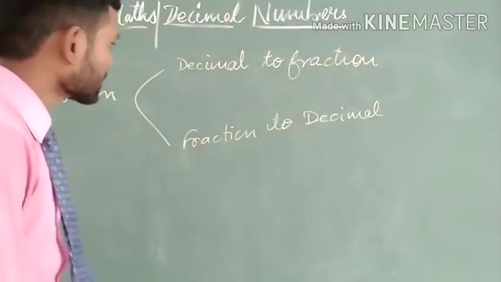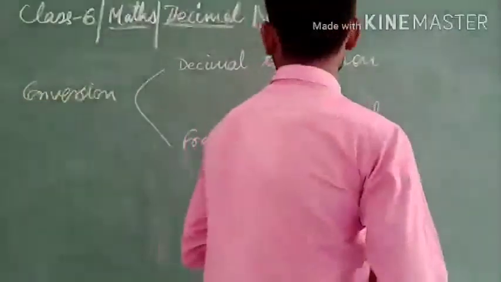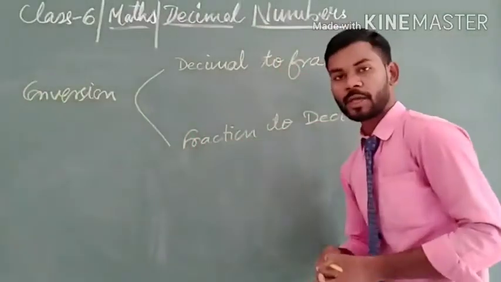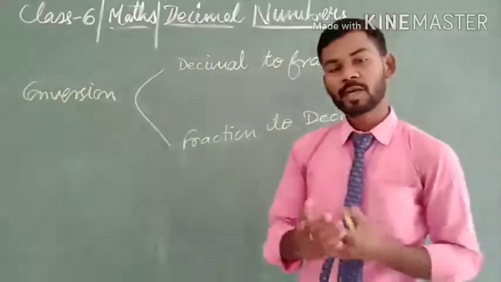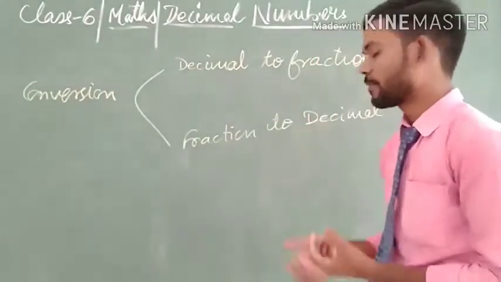As we know that decimal numbers are decimal fractions. So in order to convert a decimal number into a fraction, we have to make the decimal number a decimal fraction. Let's see how we do this.